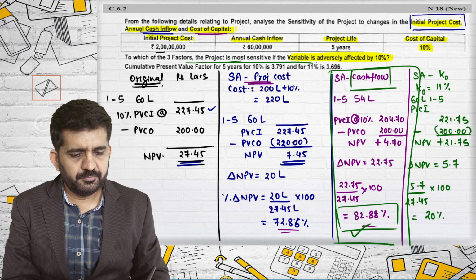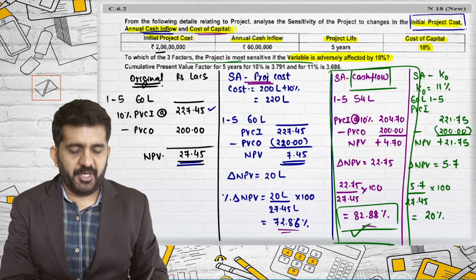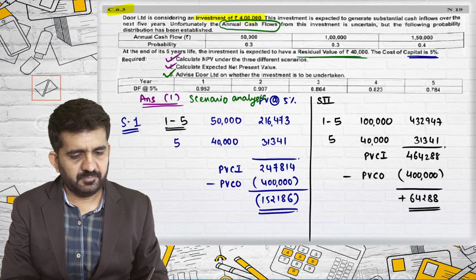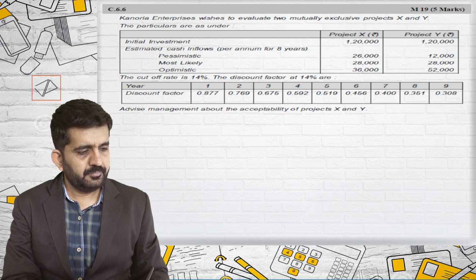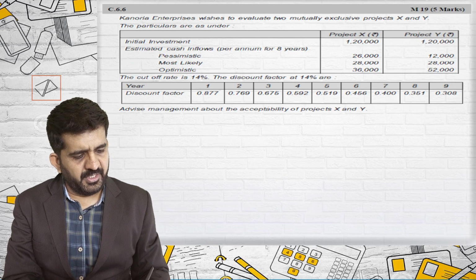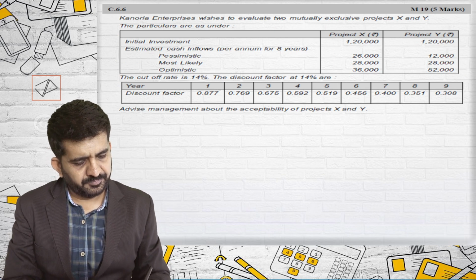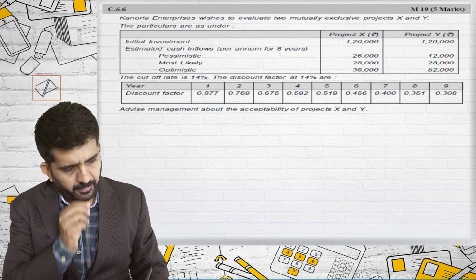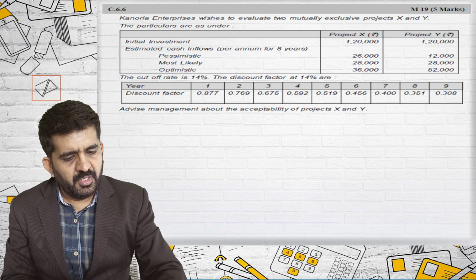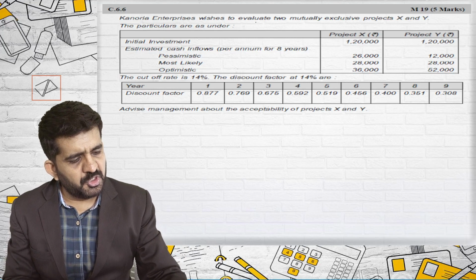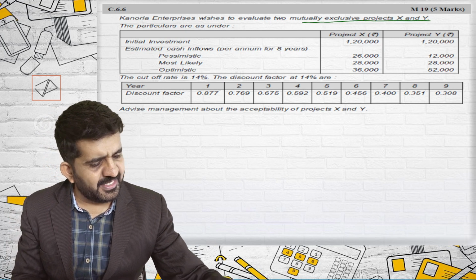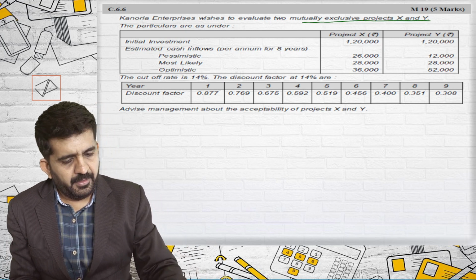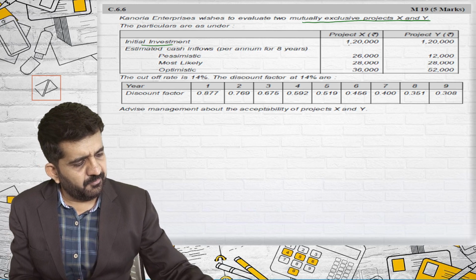I'm going to see 6.6. Again, in scenario analysis, Kanoria Enterprise wishes to evaluate two mutually exclusive projects X and Y. Initial investment 1,20,000.